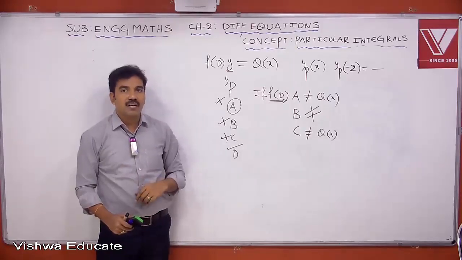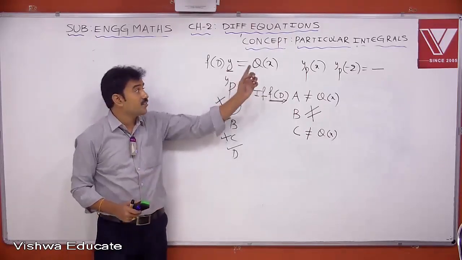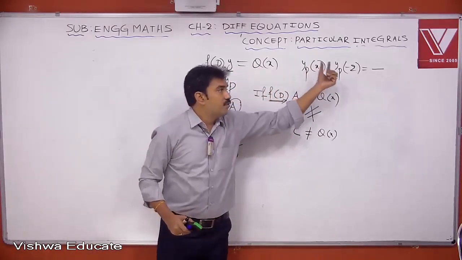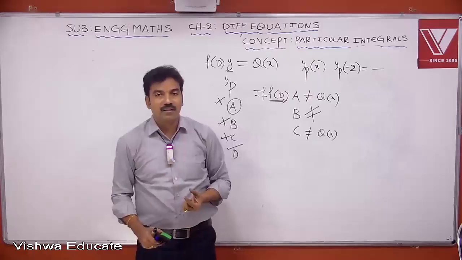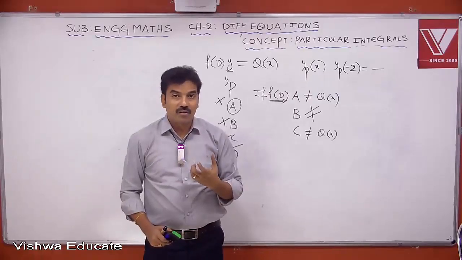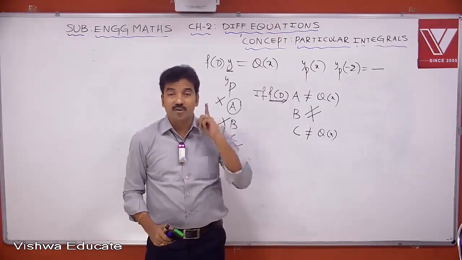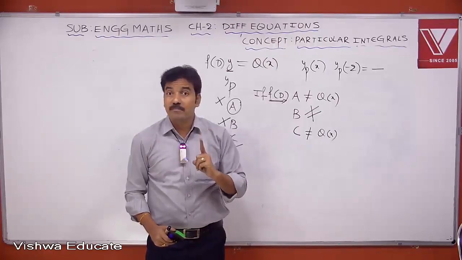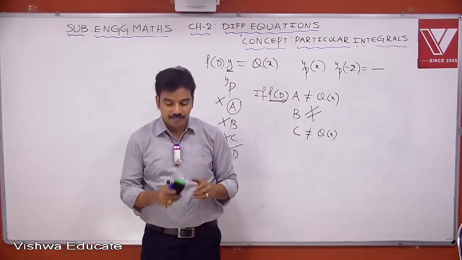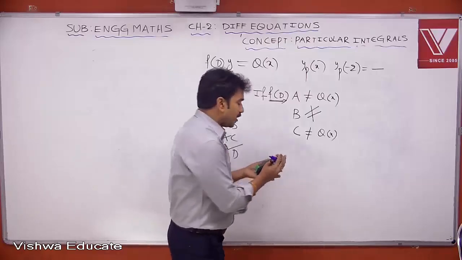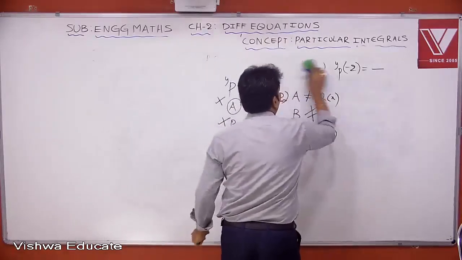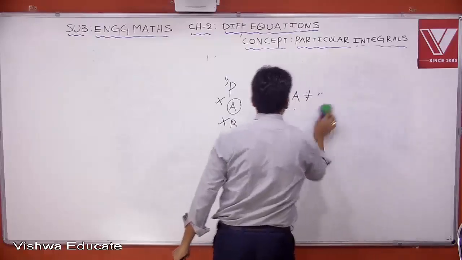But if options are not given, the question can be asked like this: if the particular integral of this equation is yp of x, then what is yp of some number? Then whether options are given or not, you need to know the procedure to find yp. So always be cautious in finding particular integrals, right? Now we discuss one general point, and then one or two questions from the classroom workbook if time permits in this session.